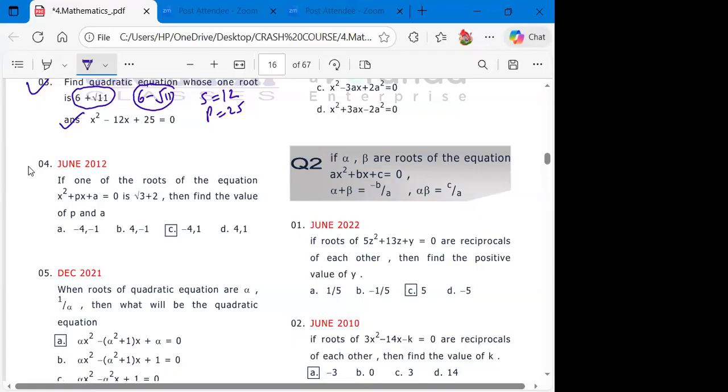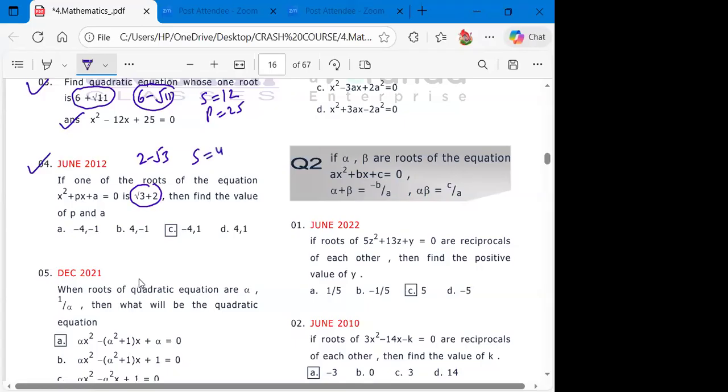Fourth number. If one root of the equation is 2 plus root 3, the other must be 2 minus root 3. So the sum must be 4.